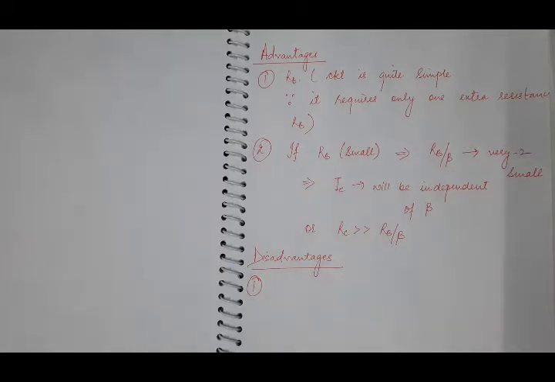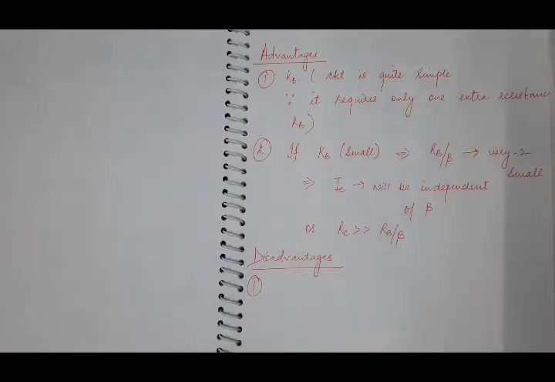It means there is one condition. If you do not satisfy that condition, then this circuit doesn't provide good stabilization, meaning it will not provide permanent stabilization. So that is the first disadvantage.